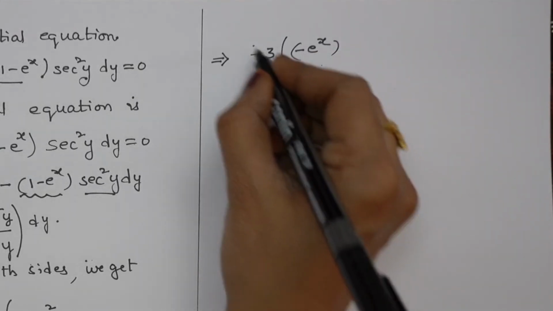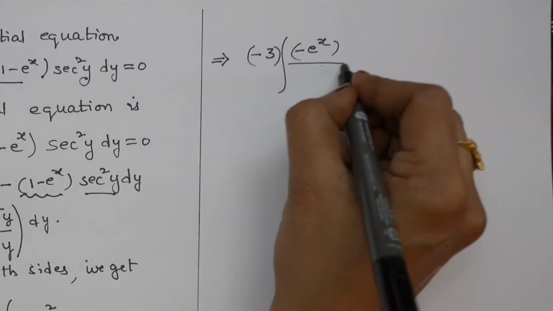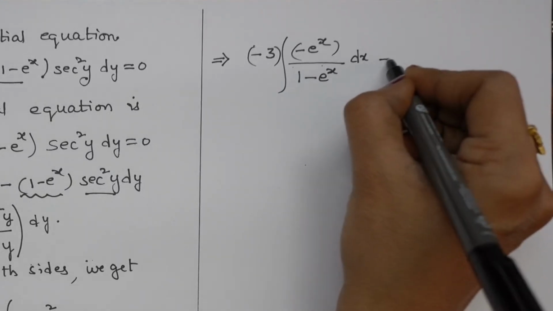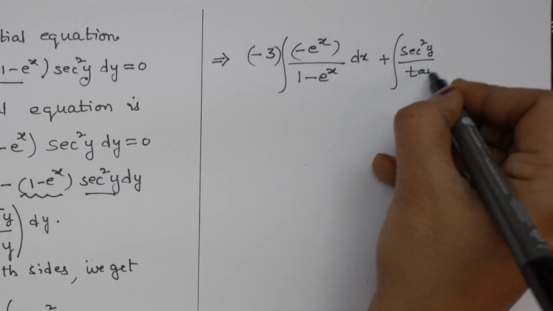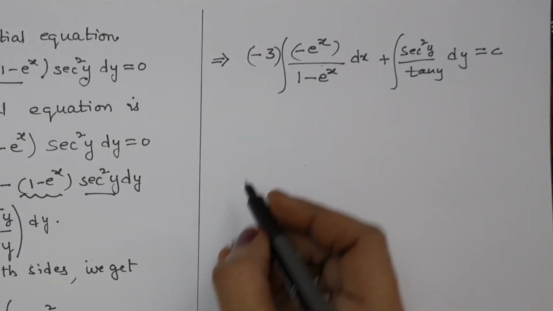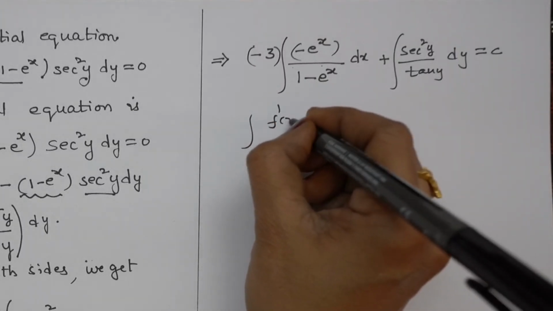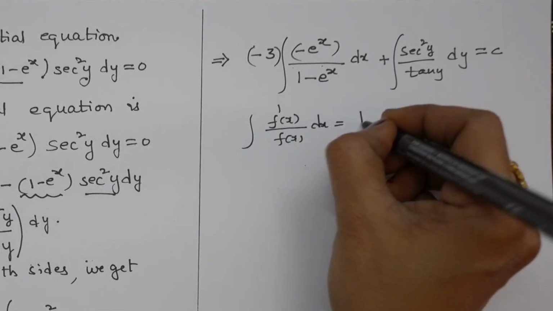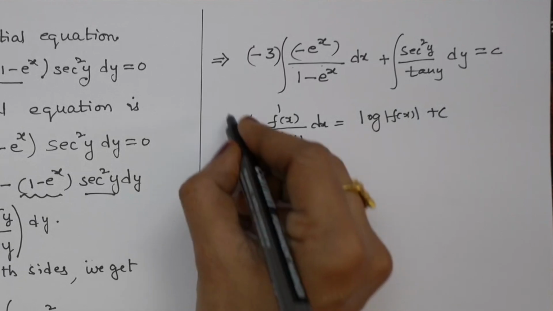So, minus 3 into integral minus e power x by 1 minus e power x dx plus integral secant square y by tan y dy is equal to constant. We know that a formula integral f dash of x by f of x dx is equal to log mod f of x plus c.